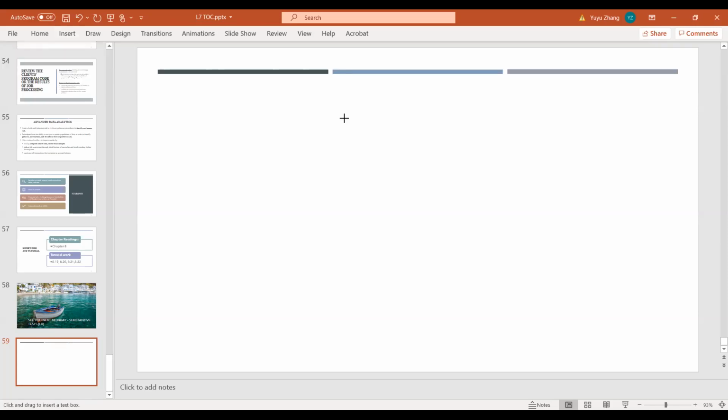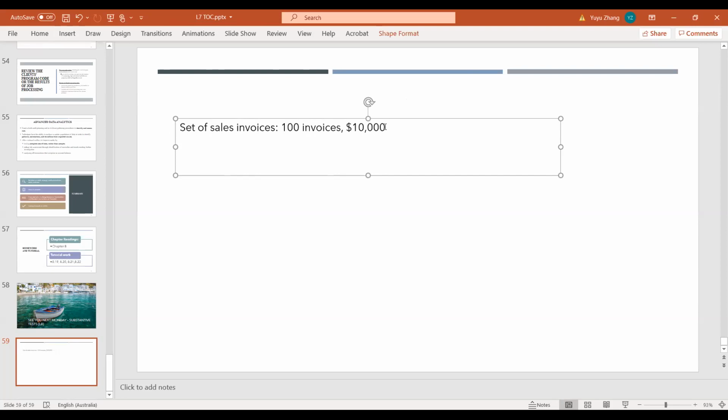So a set of sales invoices, that's 100 invoices, total value $10,000. What we did is match the details of those sales invoices to the orders and to the shipping documents.